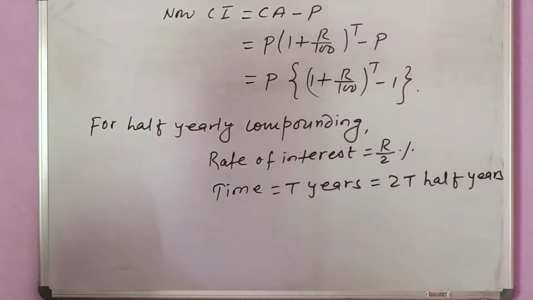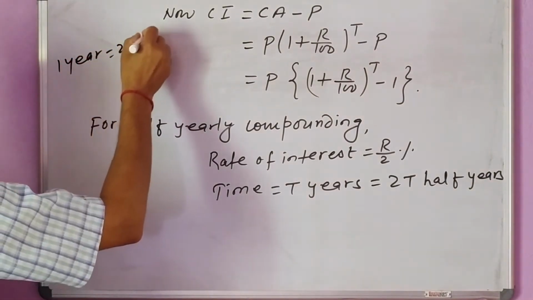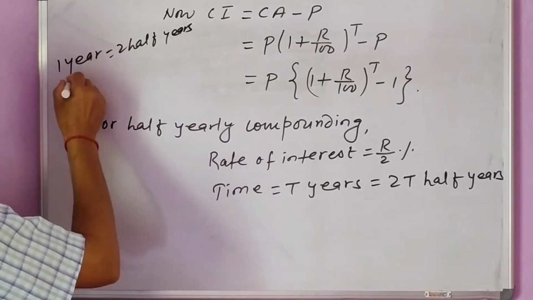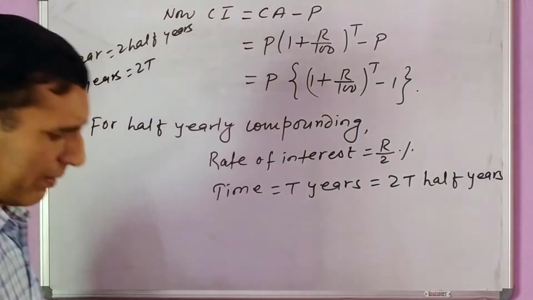We know that in 1 year there are 2 half years. So similarly in T years, how many half years are there? There are 2T half years.